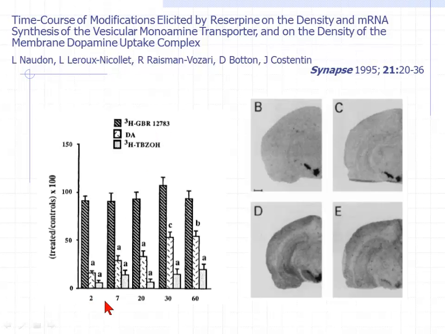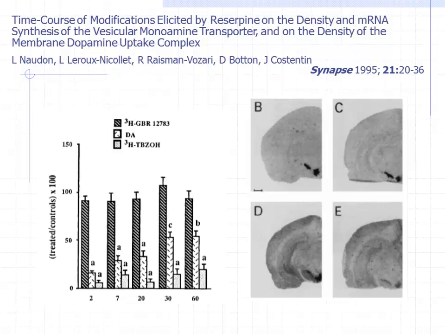What you can see, though, is that over a period of time, and in this case up to 60 days after the lesion, the dopamine levels returned a little bit. In fact, they returned to about 50% of normal. The vesicular transporter measure stayed severely depressed. It improved by a factor of about 4-fold from day 3 to day 60, but by no means did it return to the pre-reserpine levels.